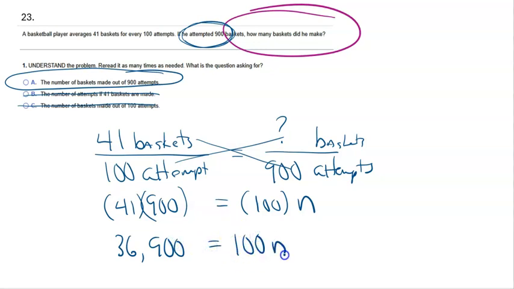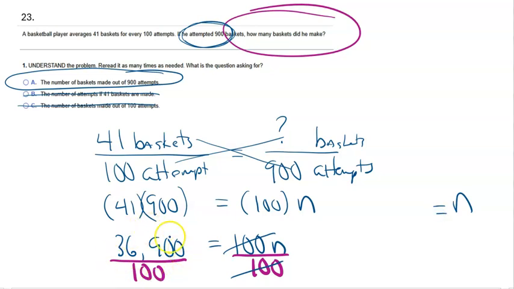Is it a problem that our n is on the other side? Not at all. Remember, the last step is you always divide by the number in front of the n. That's called a coefficient. And the reason we're dividing is we're doing the opposite of what's happening here. So I need to divide this side by 100, and I need to divide this side by 100. So over here, I have my n value. I'm going to keep it on the right. That's okay.